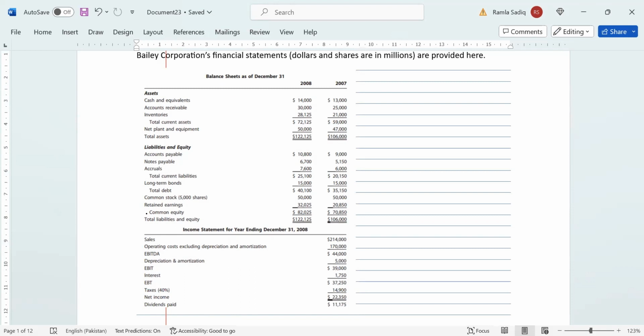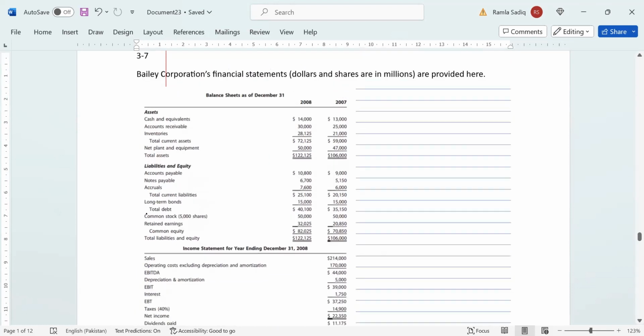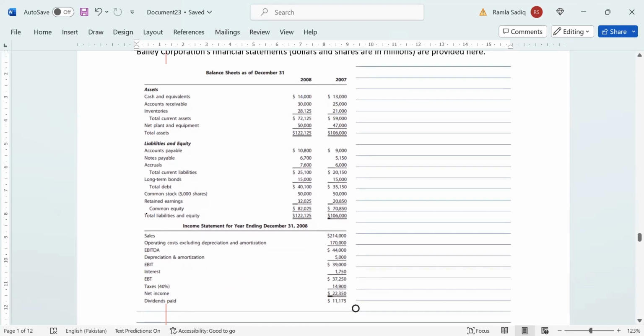And working capital, of course, is the difference between our current assets and our non-interest charging current liabilities. So we need current assets and current liabilities.